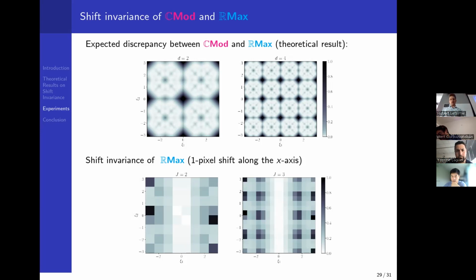However, I don't know if we can get this kind of similarity between the max pooling and the modulus operators. I would be curious to do that, but I'm afraid I don't really know how to answer that.